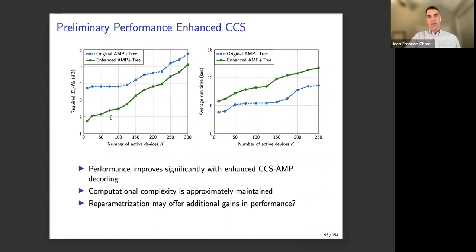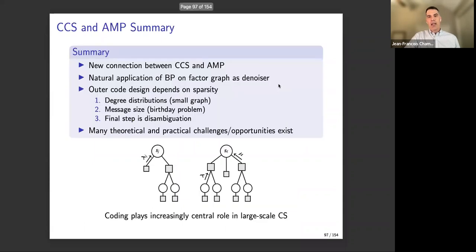And then I have the performance of the enhanced CCS-AMP vector. And the complexity is not very different for the enhanced. So you get quite a drastic improvement. So in summary, we used quite a number of low complexity tricks to make this work over a graph.